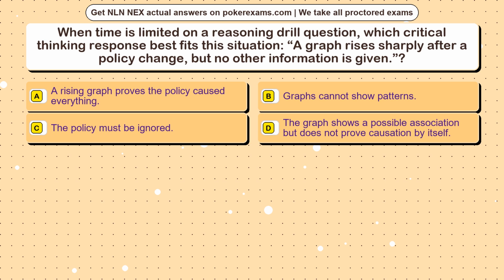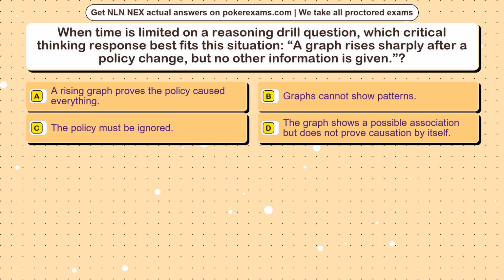Question 5. When time is limited on a reasoning drill question, which critical thinking response best fits this situation? A graph rises sharply after a policy change, but no other information is given. Option A. A rising graph proves the policy caused everything. Option B. Graphs cannot show patterns. Option C. The policy must be ignored.